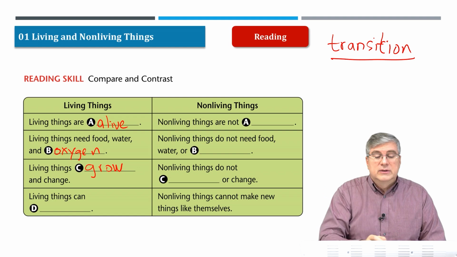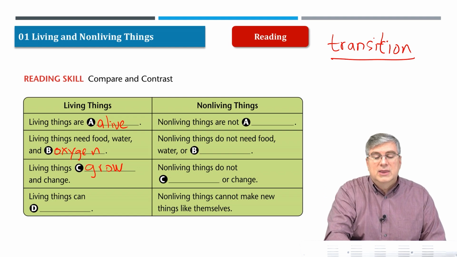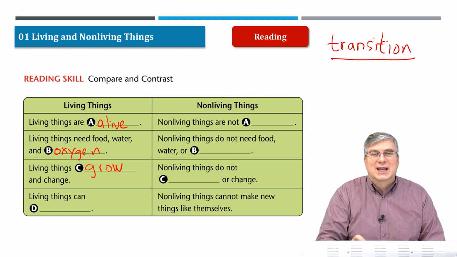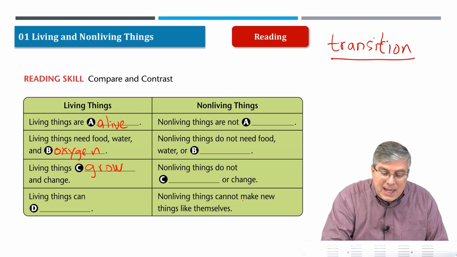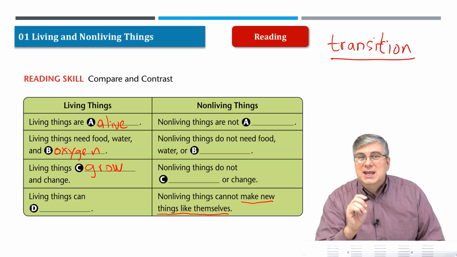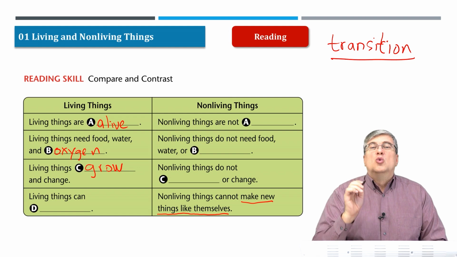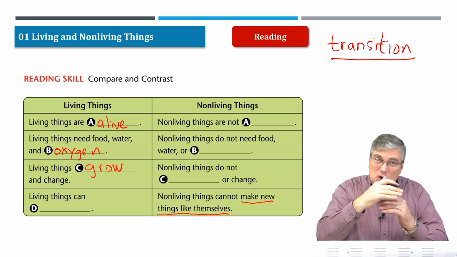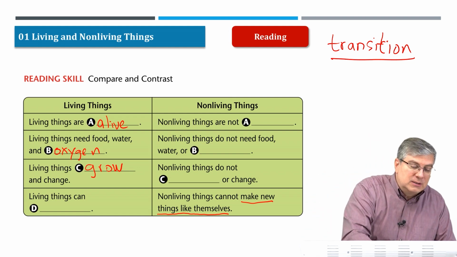Which one is it? So let's look over. Non-living things cannot make new things like themselves. Aha, make new things like themselves. What does that mean? The vocabulary word was reproduce. So we want to show the exact difference, so we need to put that here. Reproduce.